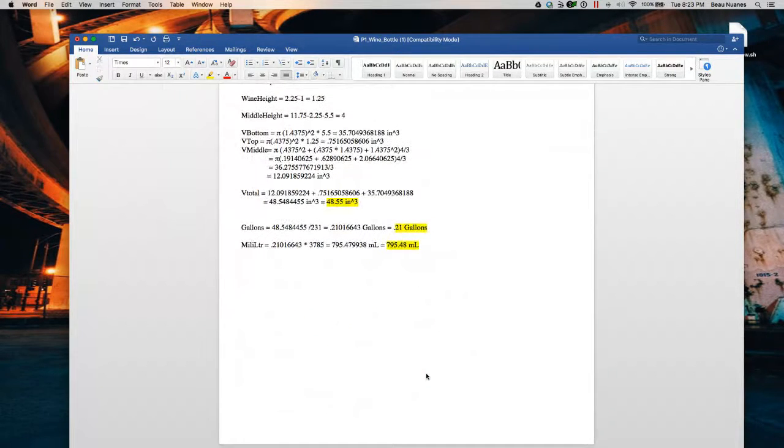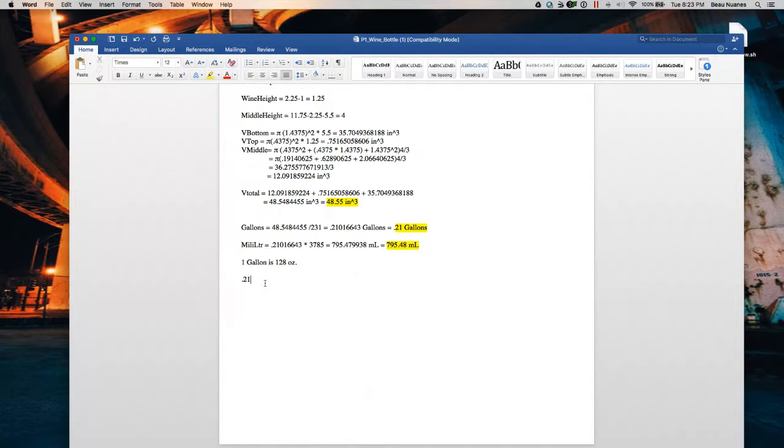Okay. All right, so now we want to convert to ounces. For that, I had to look a couple things up. I looked it up, and 1 gallon is 128 ounces.